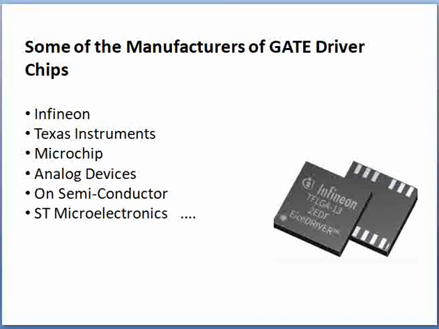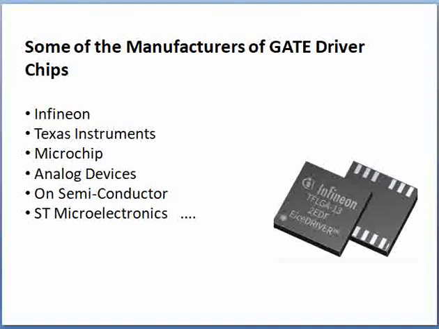ultimately the manufacturers. There are several manufacturers of gate driver ICs. We might have used many of them in our circuits. Mainly if you go to the automotive sector, we see most of the Infineon based driver ICs being used.